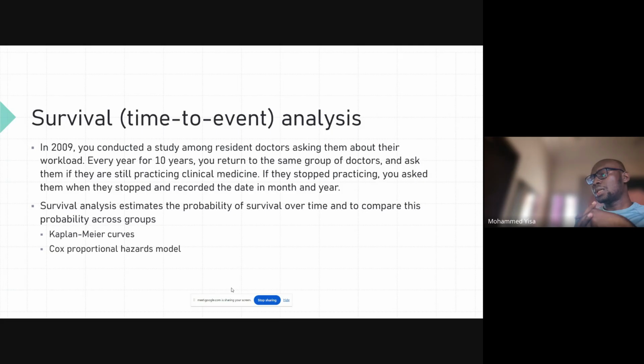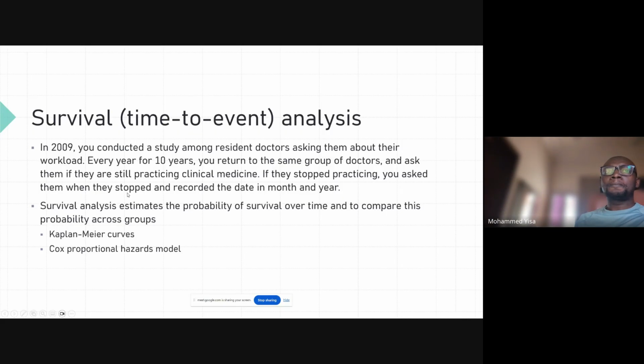And at every interval, they would either answer yes or no. Are you still practicing medicine or no? And if they say no, you would record the date in month and year. So we have our time variable recorded in months because it's month and year.